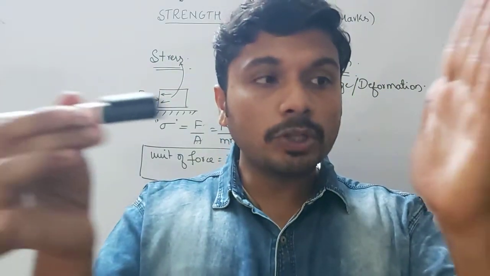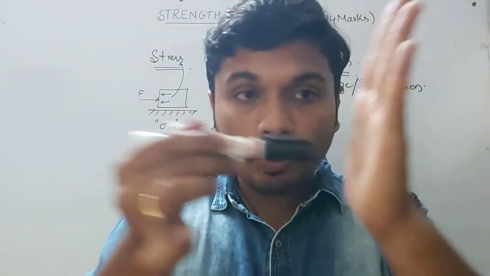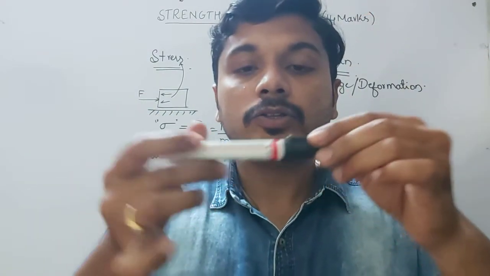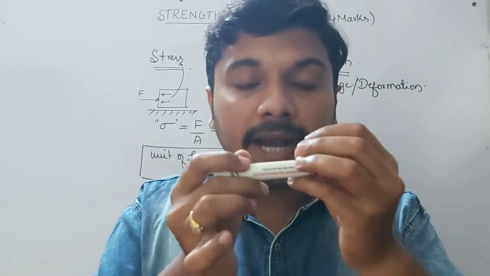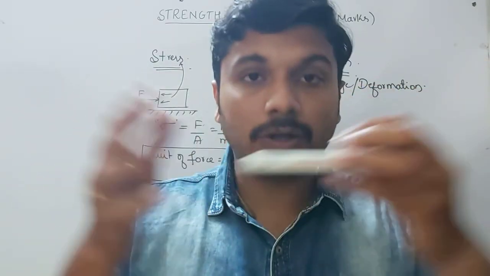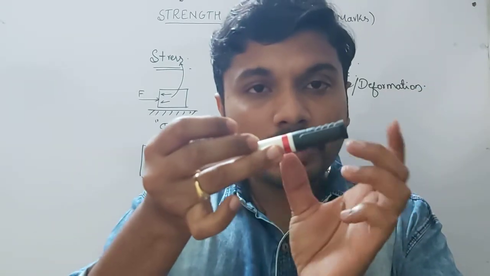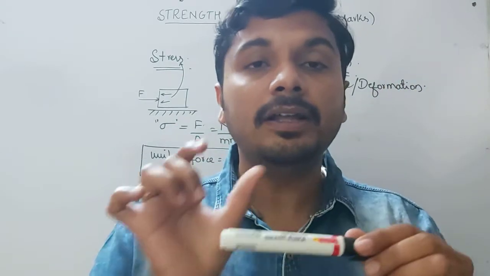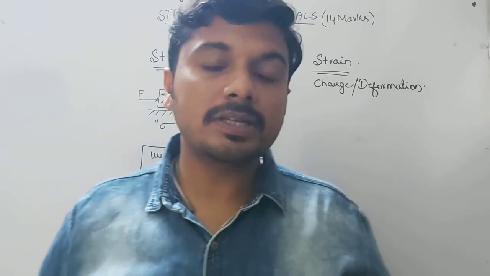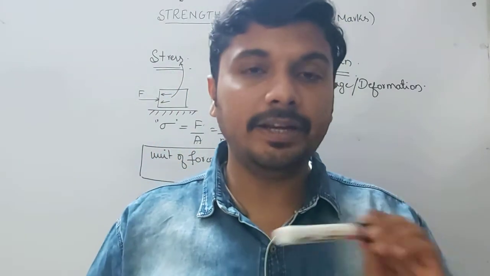Now what happens if both of them collide? The body tries to bend, or the body tries to crush, or the body tries to elongate, or it might come in less, or the body tries to bend in any direction.